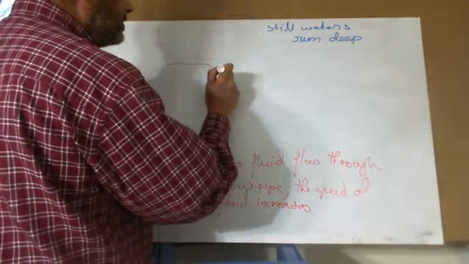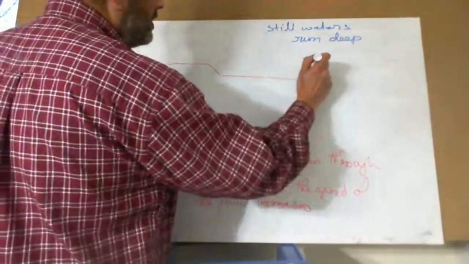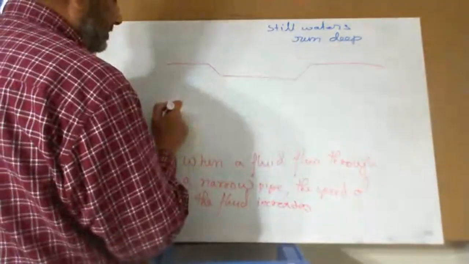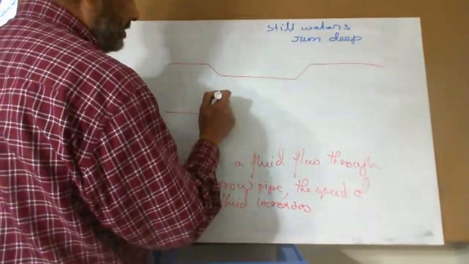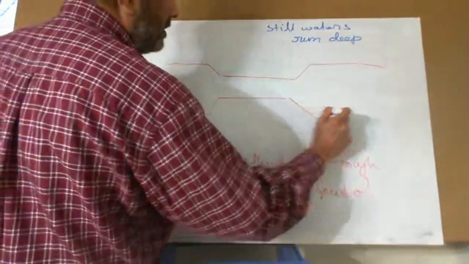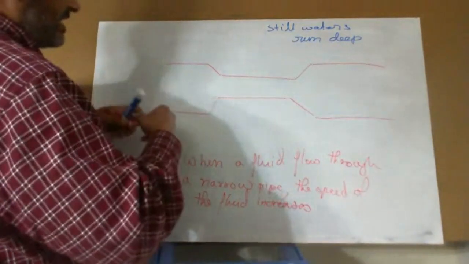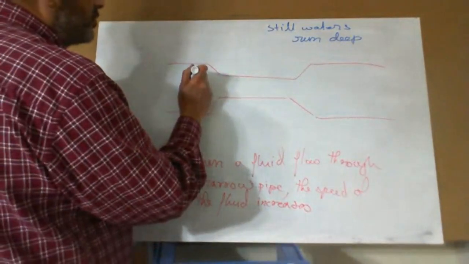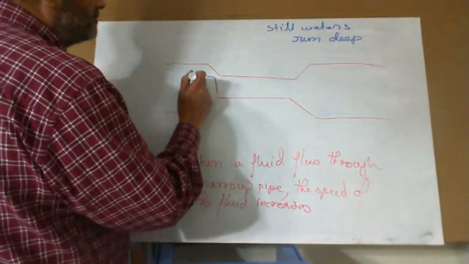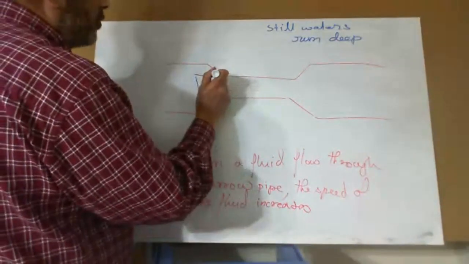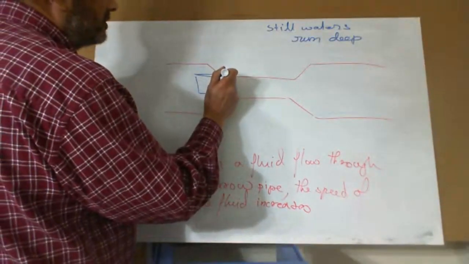So this is the pipe, and let's say there's water going through here, a plug of water that's going through.